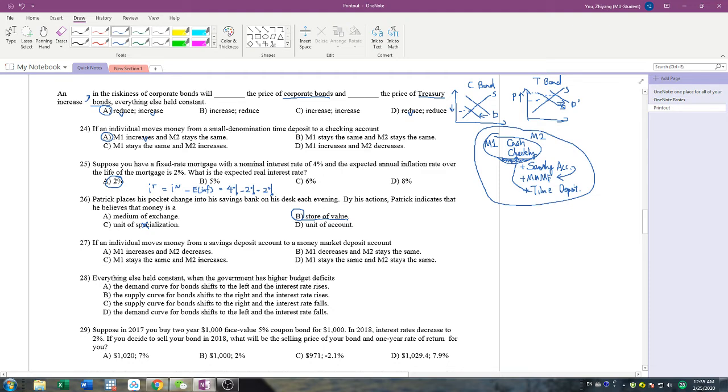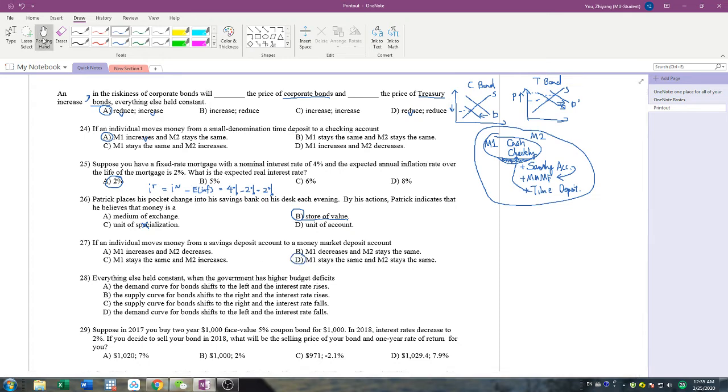Obviously M1 is not changing because cash and checking account do not change. And M2 does not change because you're just moving from one account in M2 to another account in M2, right?